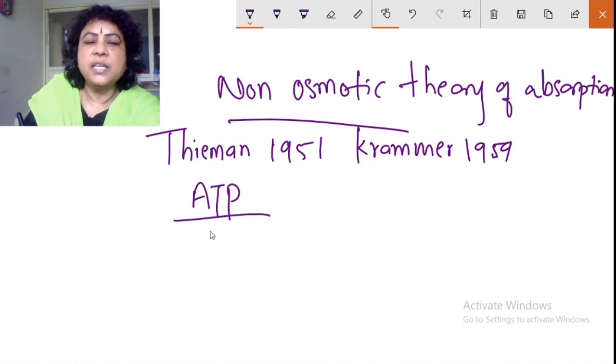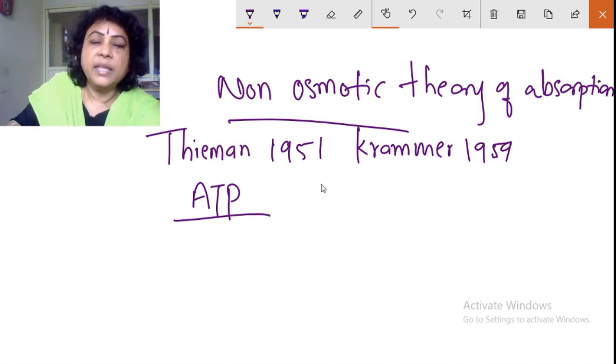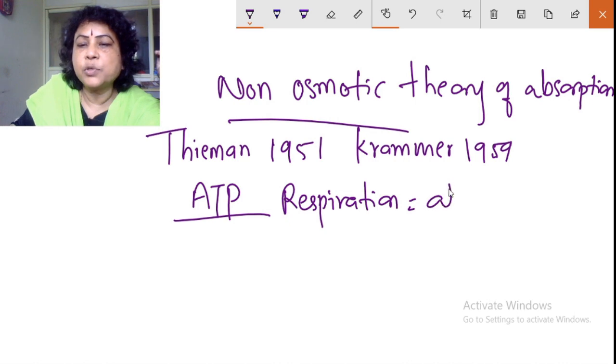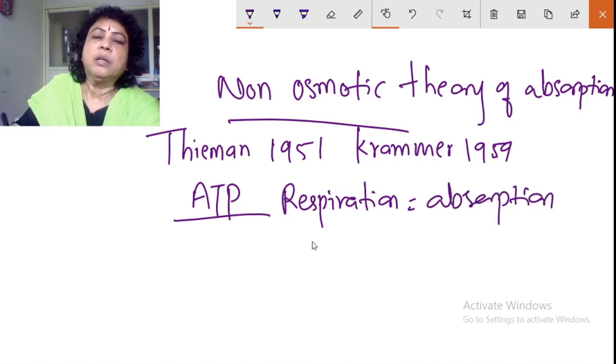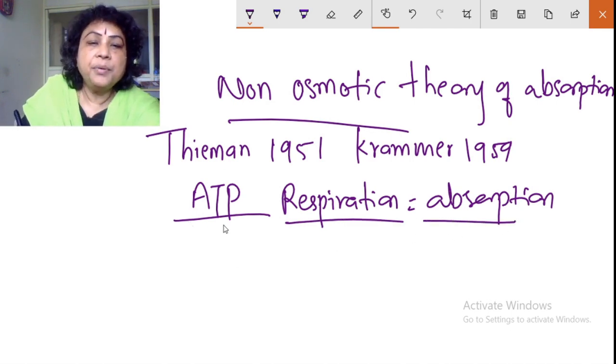This respiratory energy, which is in the form of ATP, is utilized for the movement of water against the concentration gradient. That means respiration is associated with absorption. They have given some evidences to support this theory.